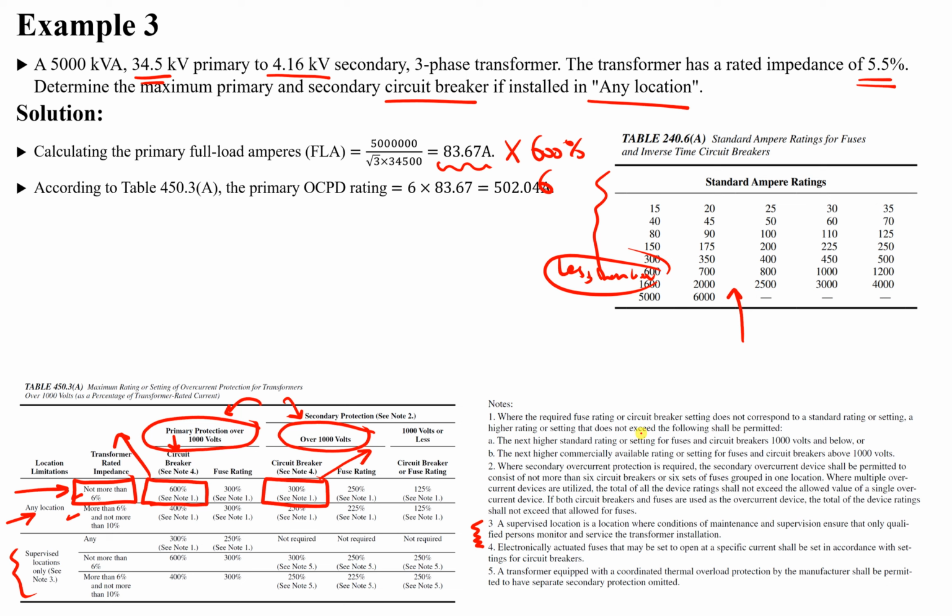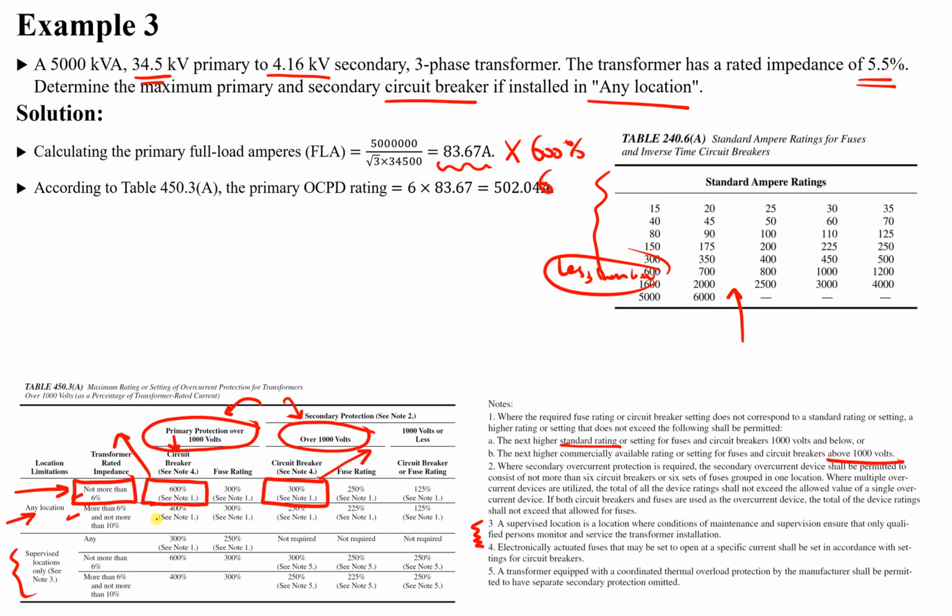So you'll see that here it is the next higher commercially available rating for above 1000. For less than 1000, use the standard rating, meaning 1000 and less. For above 1000, I have to look for commercially available circuit breakers or fuses and see which one is close to my value here.